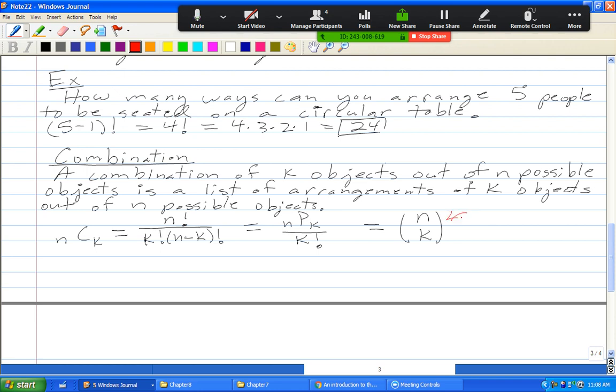So this is the binomial coefficient, which is to be used when we do the binomial theorem from section, what is it, 8.1.